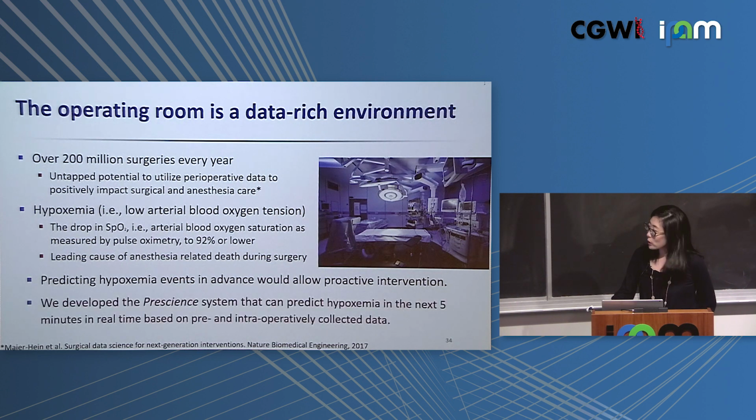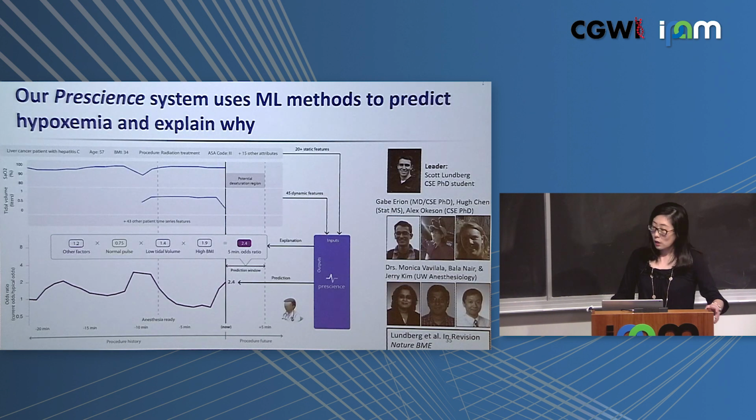To do that, we developed the Prescience system. It's a machine learning-based system that can predict the near-term risk of hypoxemia in the next 5 minutes based on various data during surgery, and explains the patient or surgery-specific factors that led to that risk. Here's how it works.